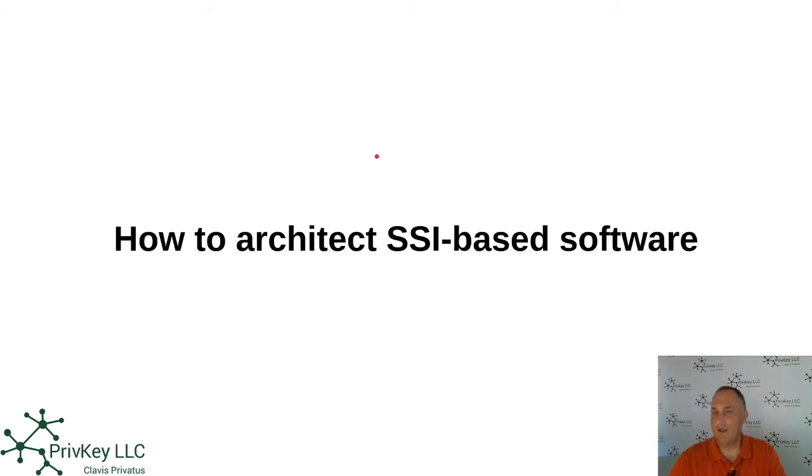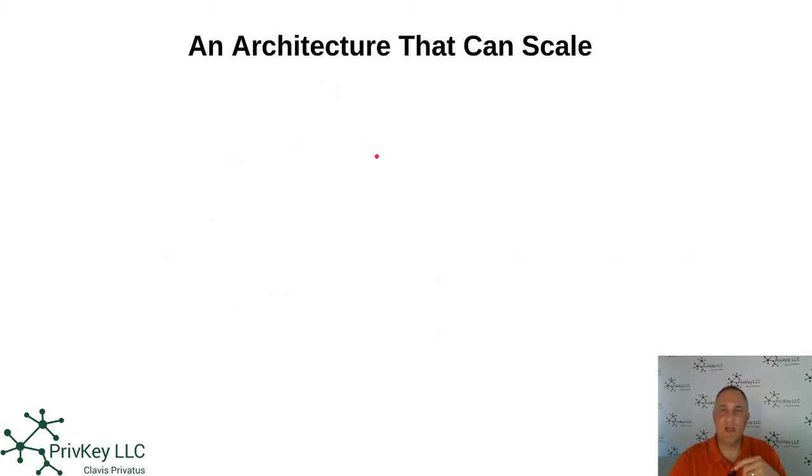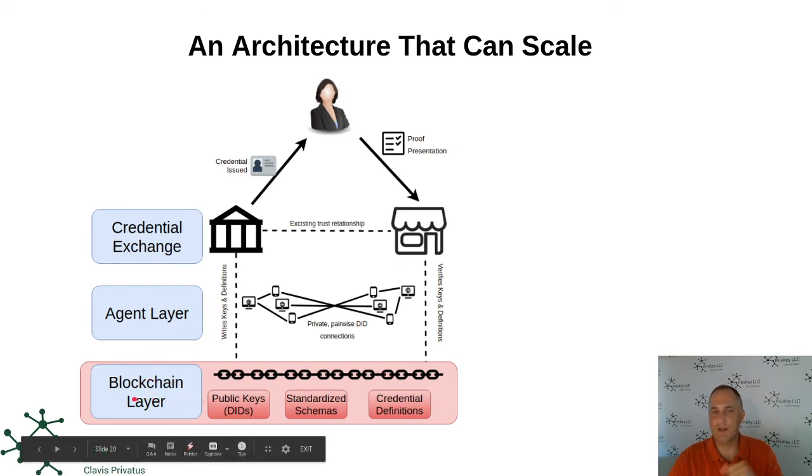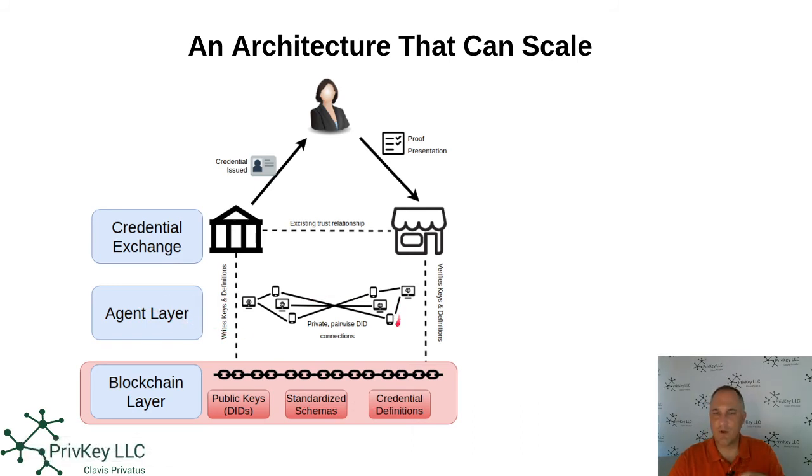So how to architect this type of software is basically you have these layers, and understanding these layers, you have down at the bottom, starting with the blockchain, is where your DIDs are, where your standard schemas and credentials are. Then you have an agent layer, which is where your phone is, where your websites are, and they all interconnect to each other in a peer-to-peer way.